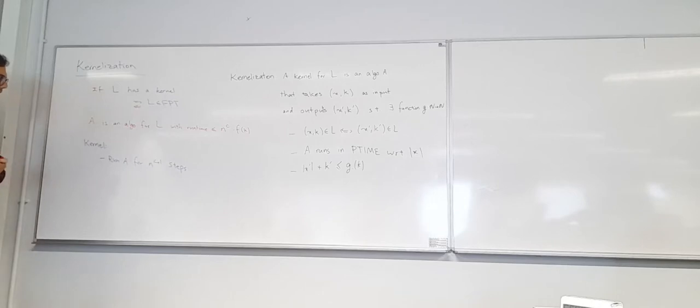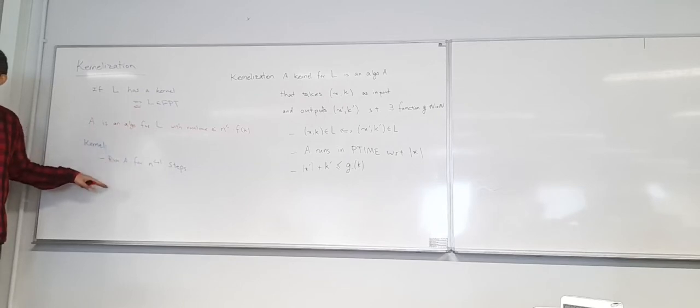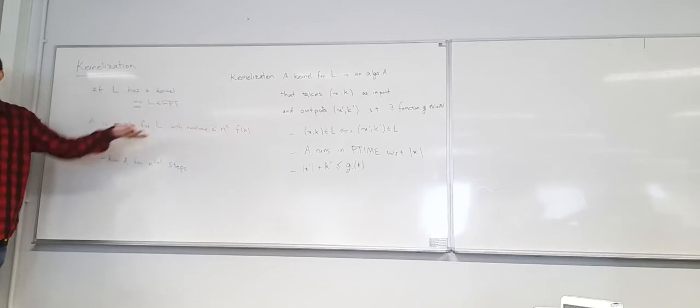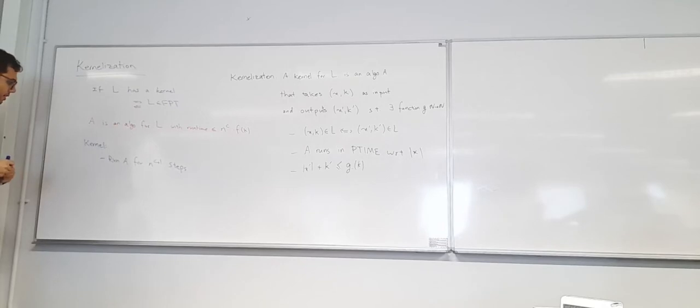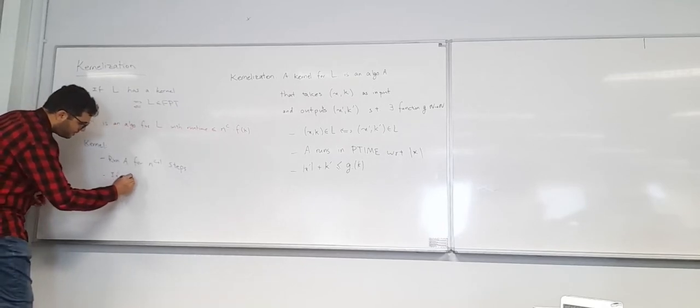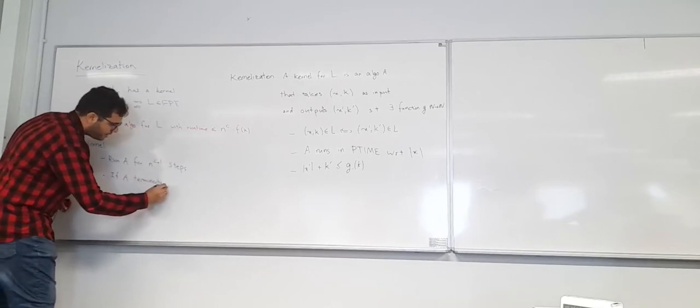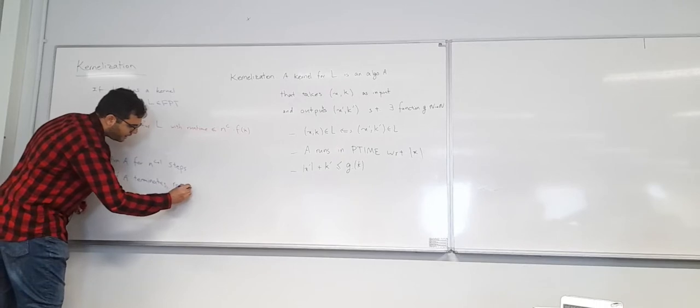Now, if this algorithm ends in n to the power of c plus 1 steps, then it already gives us an answer, and the kernelization can just give that answer. Okay, so if A terminates, return the answer of A.